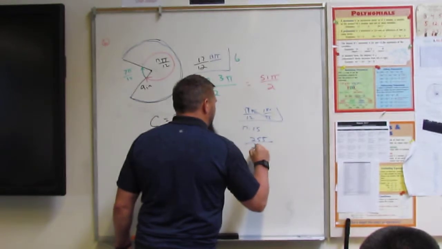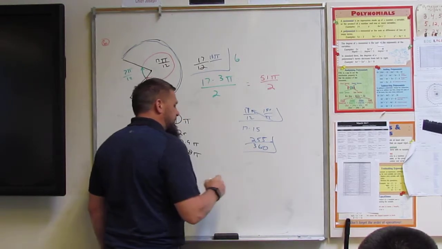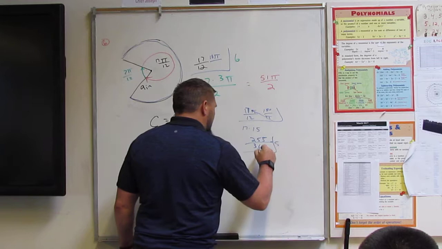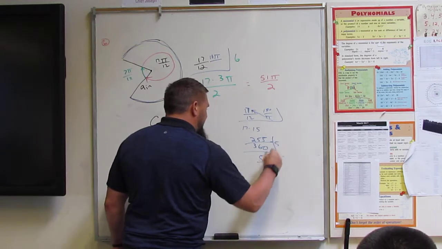Okay, and then divide that by 360, break that down. So we got 5, that's 5 and 1, that's 51.